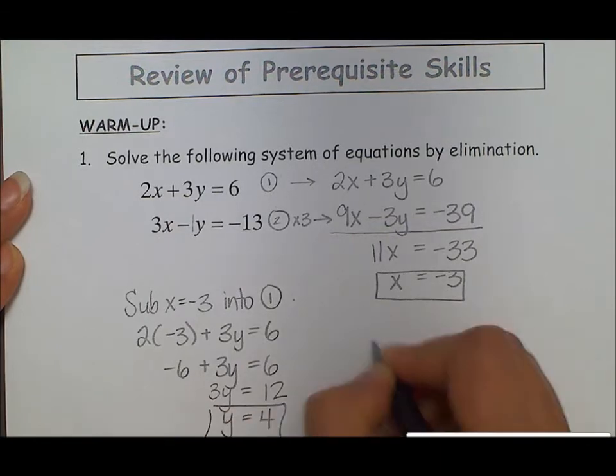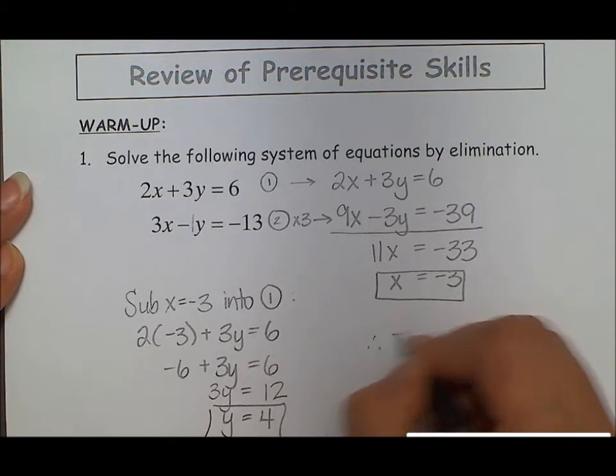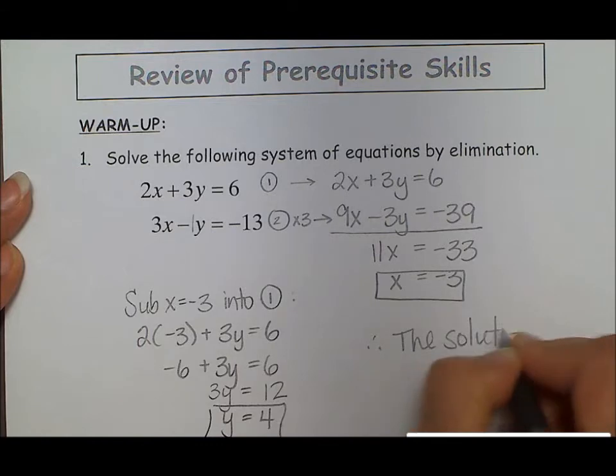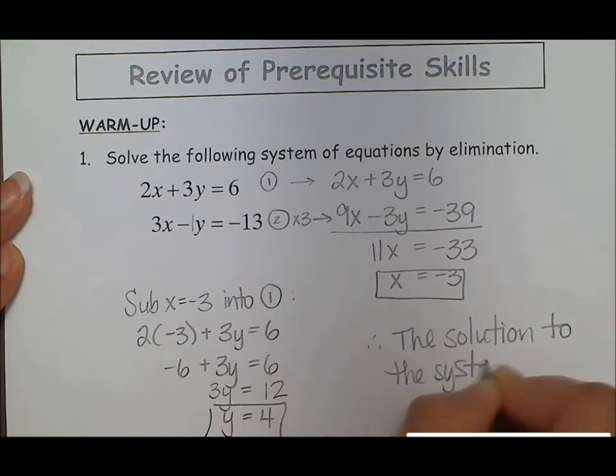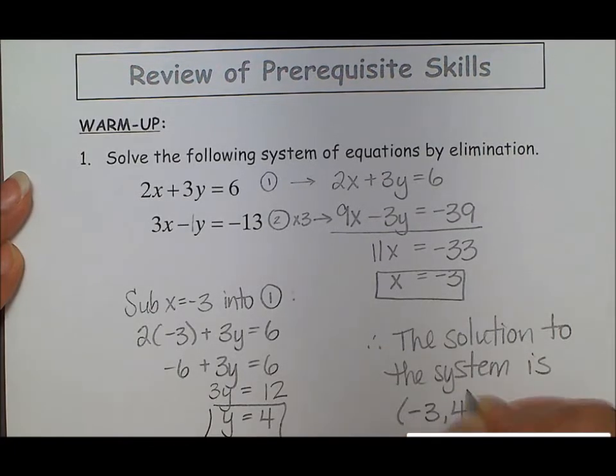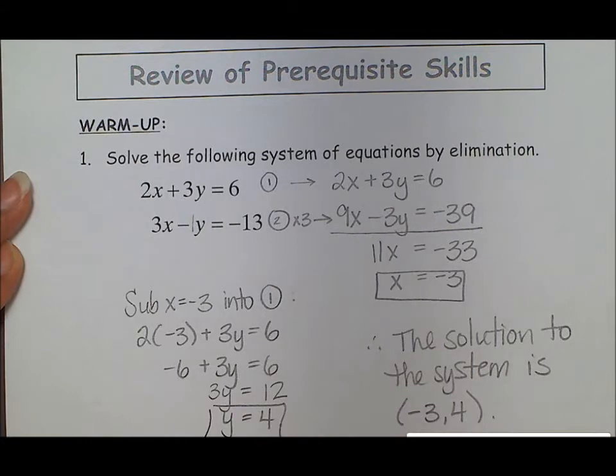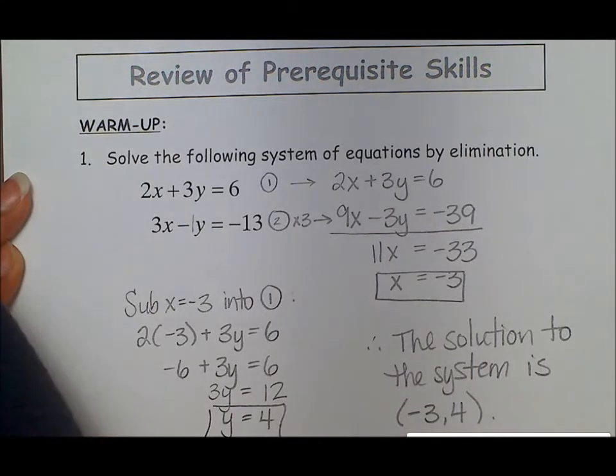Okay, so therefore, the solution to the system is the x-coordinate, then the y-coordinate, which is negative 3 and 4. Okay, so that's our warm-up.